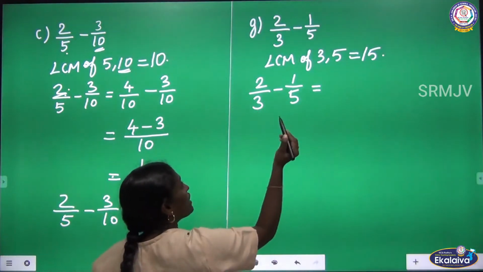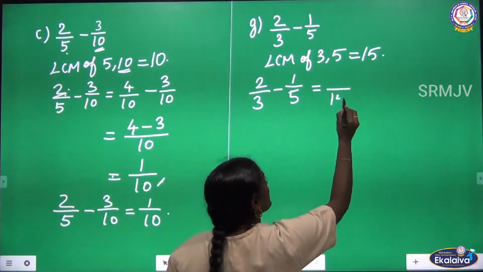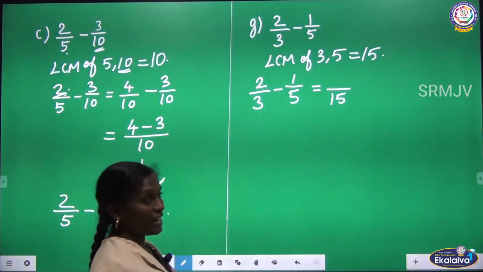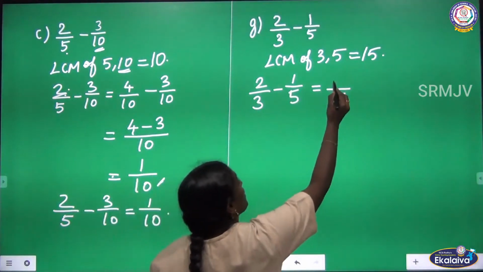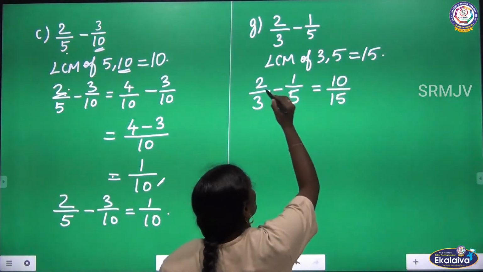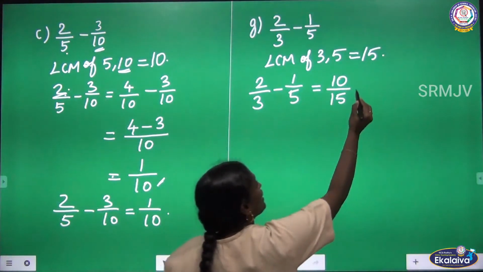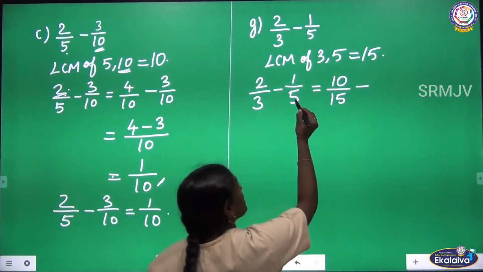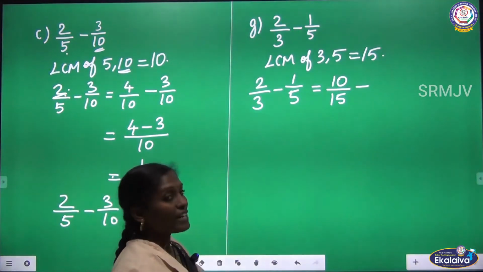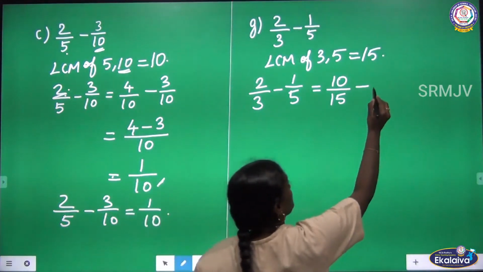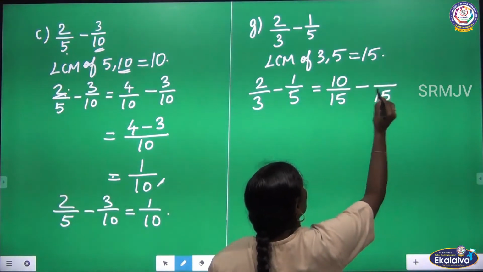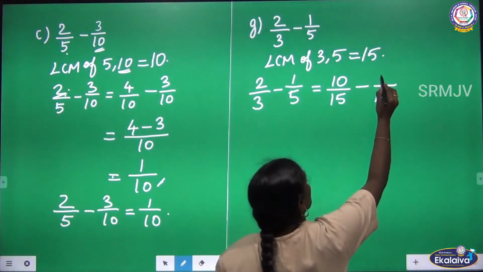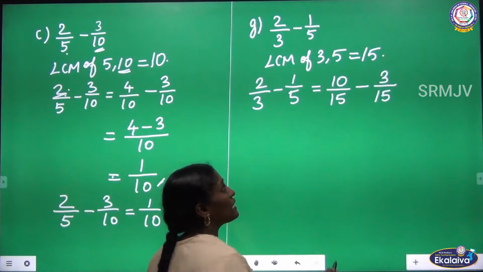Okay, the first denominator is 3. In 3 table, when you will get 15, 5 times. By the same number 5, we are multiplying the numerator. Then we will get 2 5s are 10. 10 by 15 minus 1 by 5. Here in 5 table, 3 times 15. So, we have to multiply the numerator by the same number 3. 1 into 3, 3.